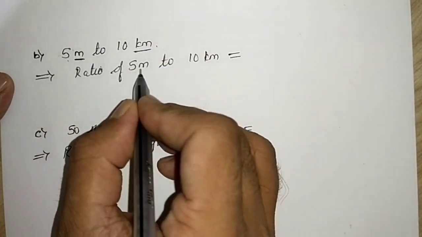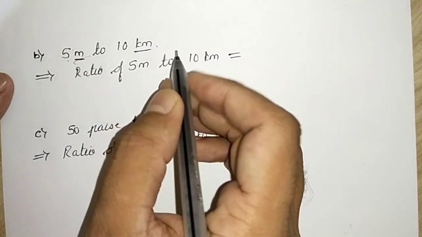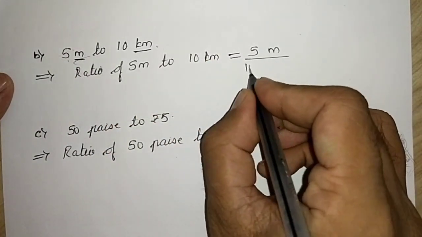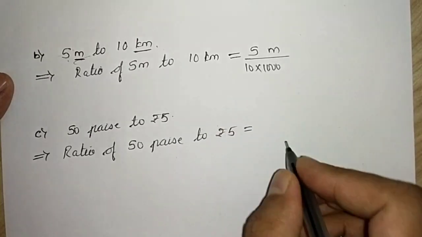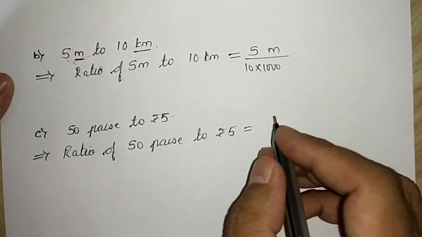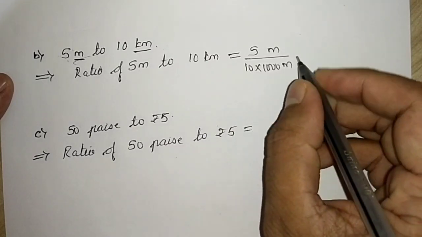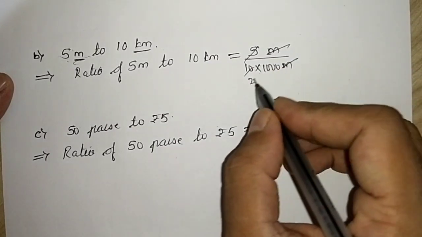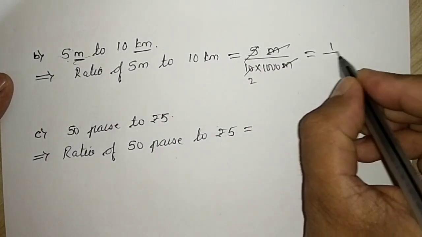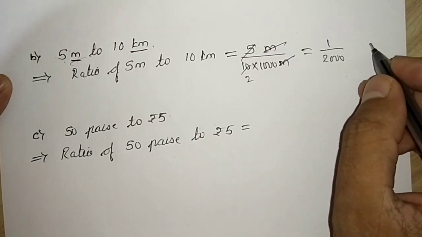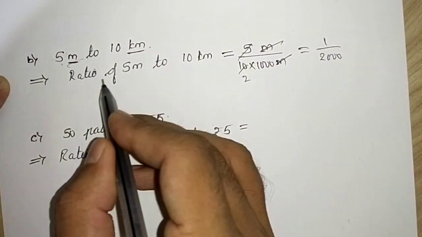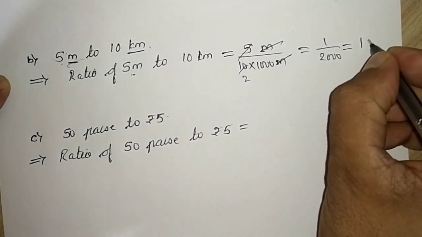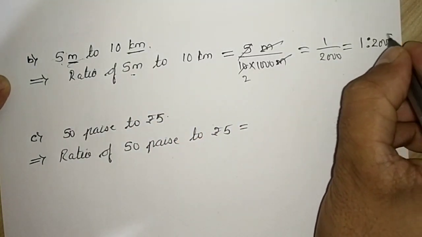So we will write ratio of 5 meter to 10 kilometer is equal to 5 meter divided by 10 into 1000, because 1 kilometer is equal to 1000 meter. So 10 into 1000 meter. Meter will cancel out. 5 twos are 10, and 2 into 1000, we will get 1 by 2000. So the ratio of 5 meter to 10 kilometer is 1:2000.